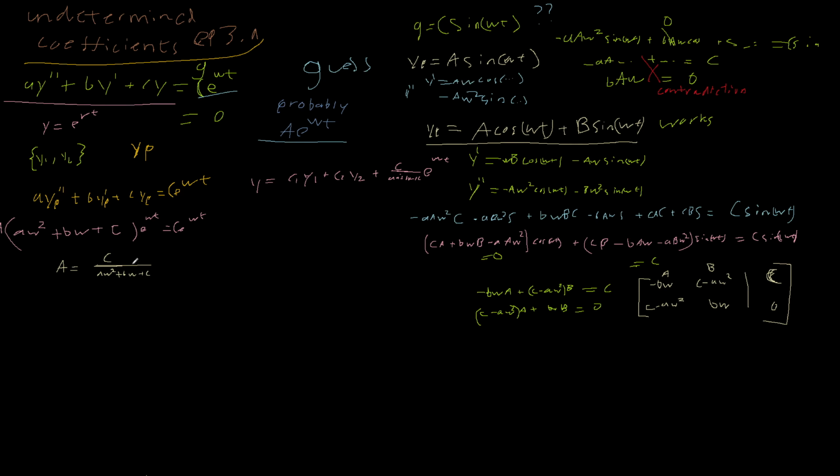So what is y going to look like in this case? Well, y is going to look like c1 y1 plus c2 y2 plus a cosine omega t plus b sine omega t. Okay, that's fine. And then there's one more case to consider here. What if G is a polynomial?